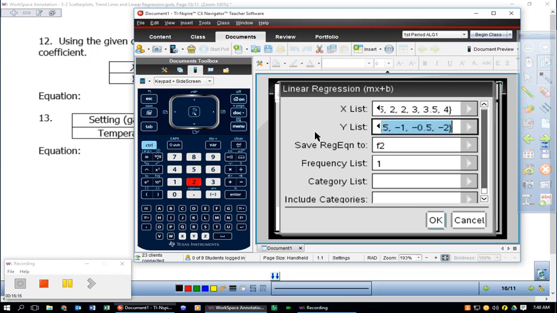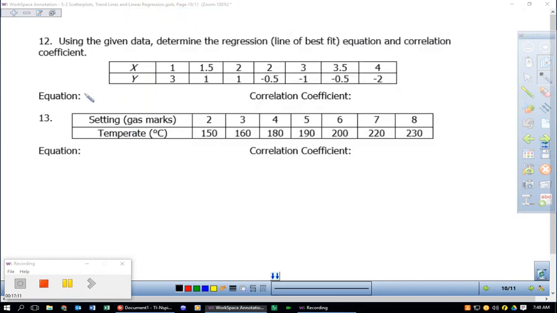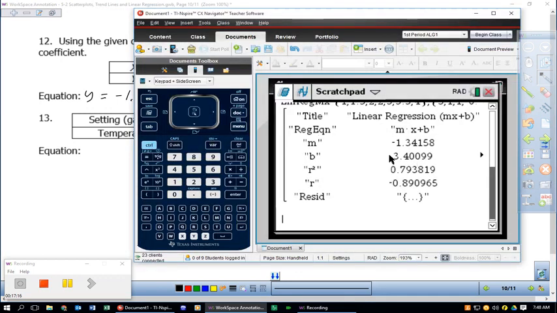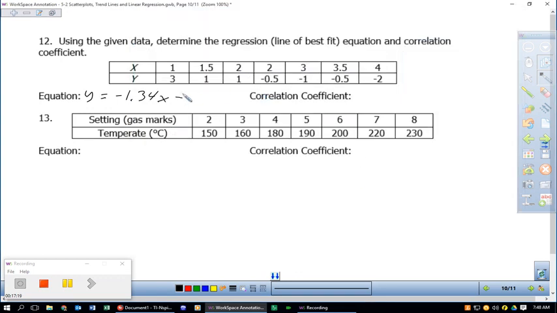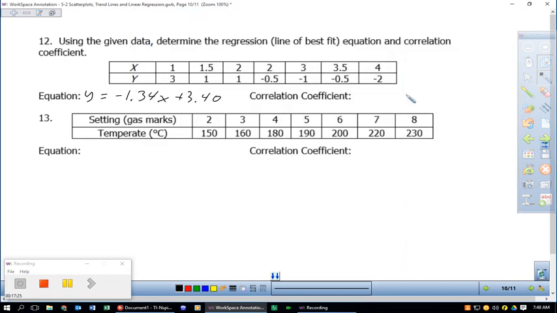Hitting enter twice, I get this equation, negative 1.34x plus 3.40. And my correlation coefficient there is negative 0.891. Still a negative correlation. It's close to negative 1 here.